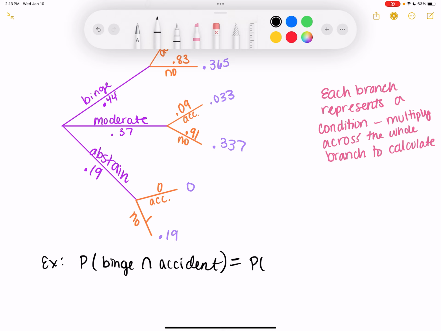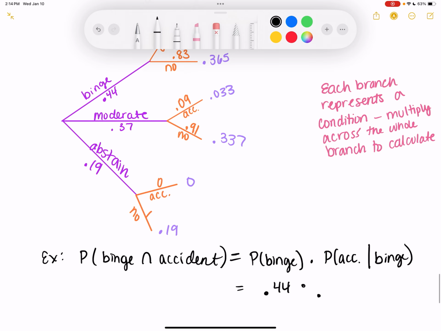So the probability of binge times the probability of an accident given that they binge. That's just another way we can write that formula, which is 0.44 times 0.17.